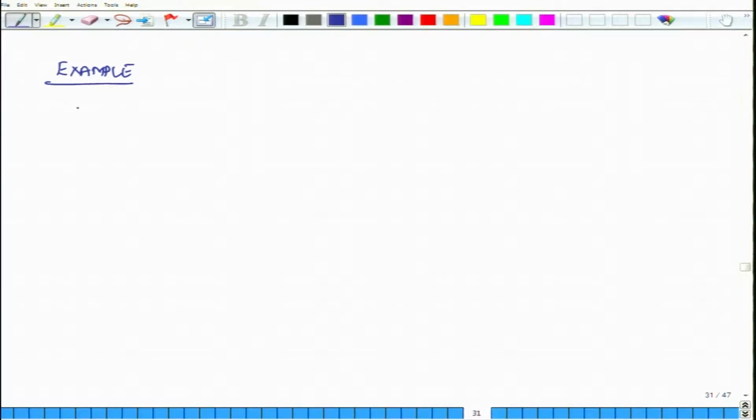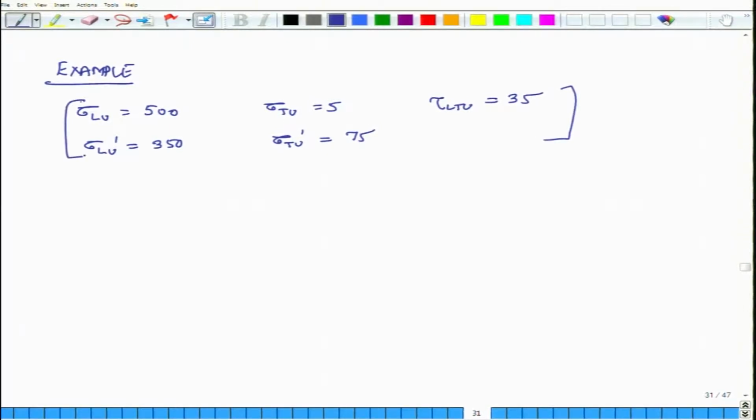So, the example we are going to say is that sigma Lu is 500, sigma Tu is 5, tau LTu is 35, sigma Lu prime is 350, and sigma Tu prime is 75. So, these are the material properties, okay.